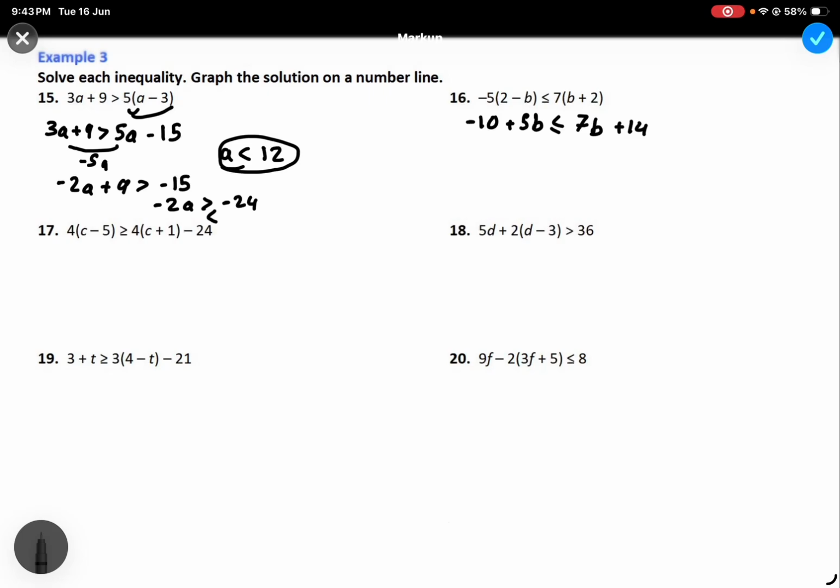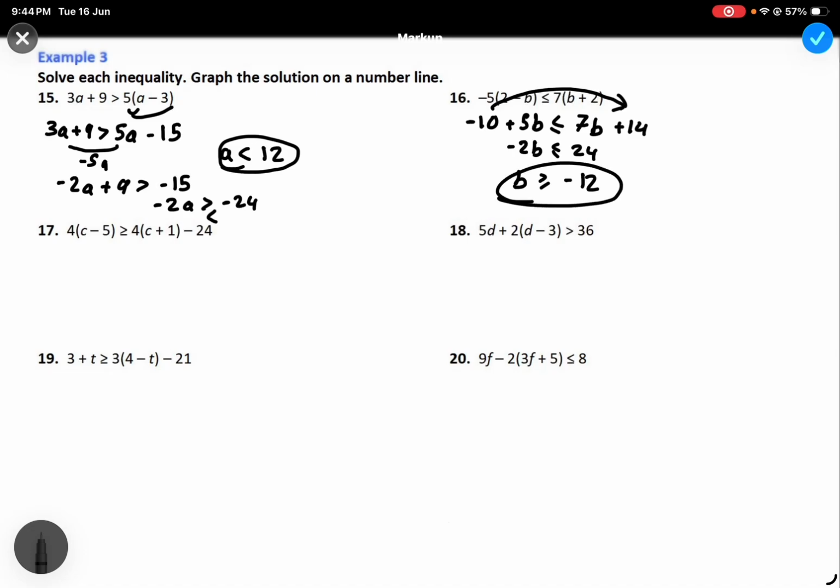Moving 7b to the other side, we subtract, so we get negative 2b, because 5 minus 7 is minus 2, and then less than or equal to. And then we move the 10 to this side and add it, so it's 14 plus 10, which is 24. Dividing both sides by negative 2, we get b, and because we're dividing by a negative number, the sign changes and becomes greater than or equal to 24 divided by negative 2, which is negative 12.